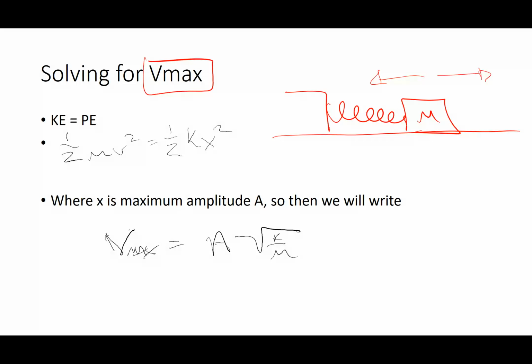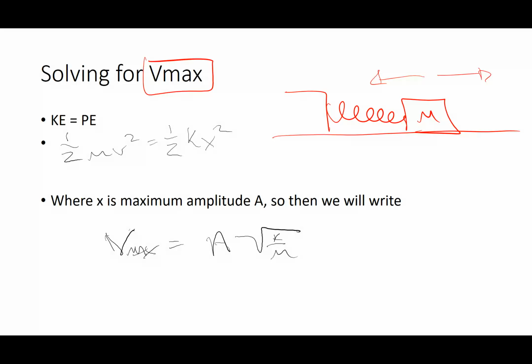Well, we know that its potential energy and its kinetic energy at all times, when you add those together, have to equal its total mechanical energy. So if I have max potential, I have no kinetic, and if I have max kinetic, I have no potential left.